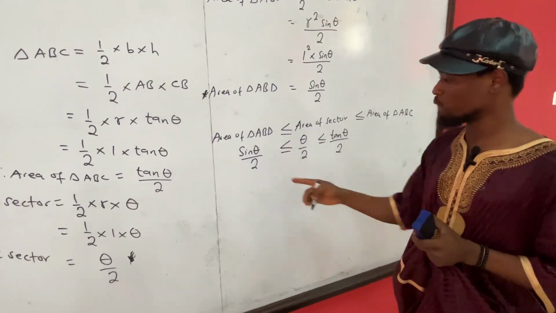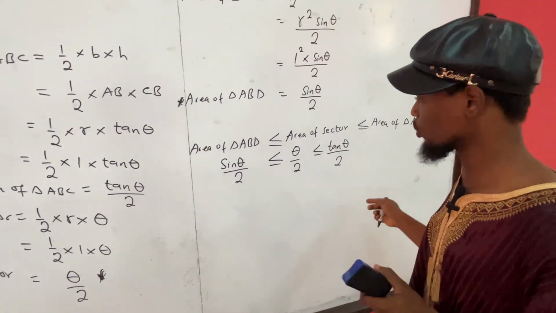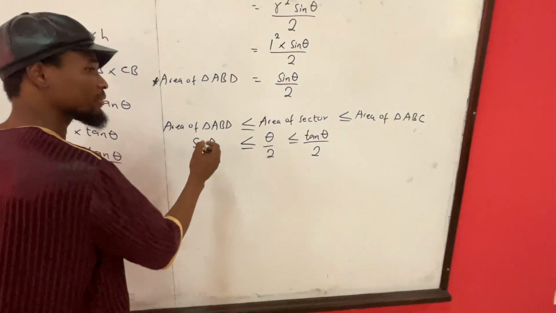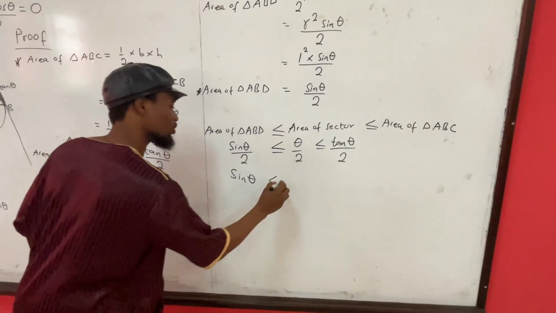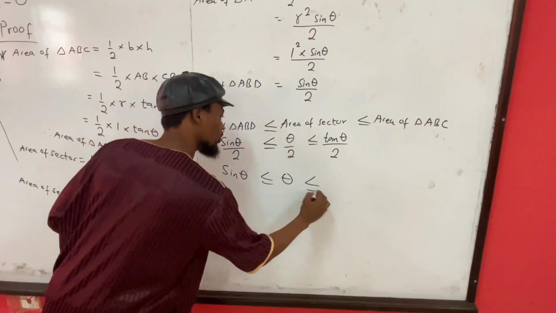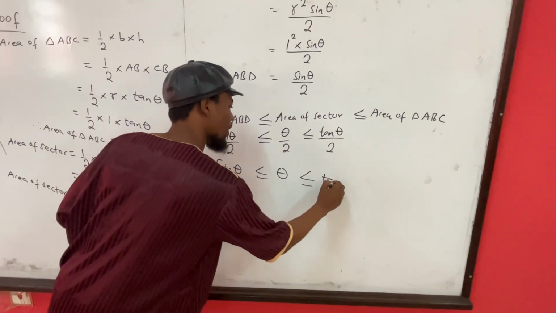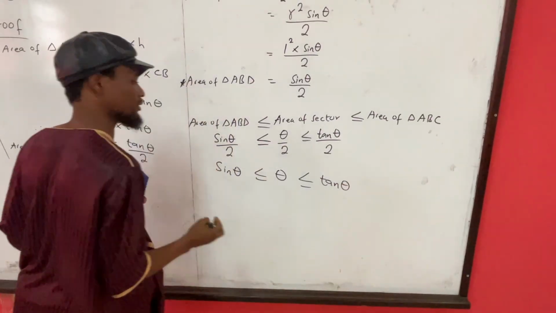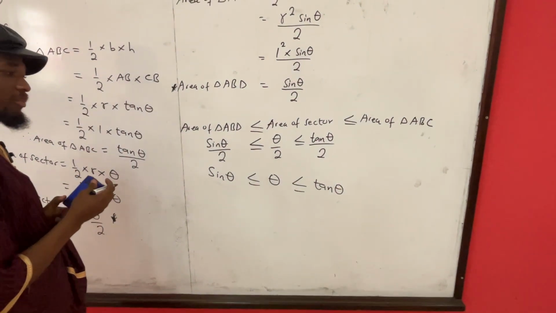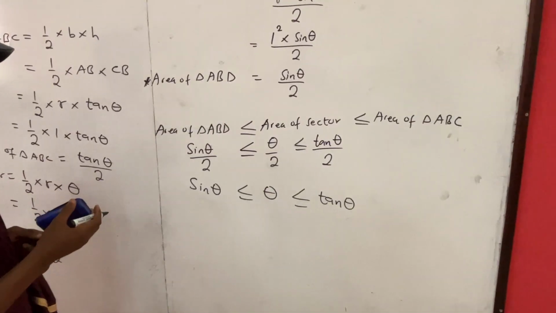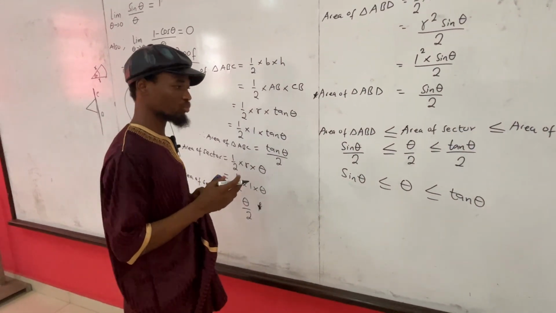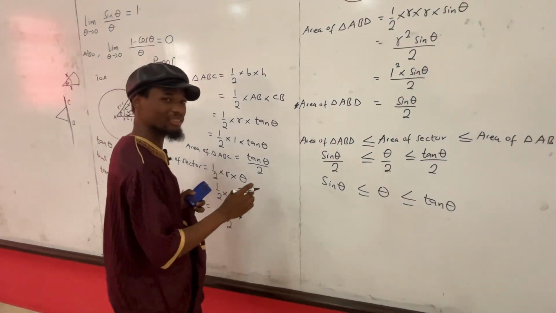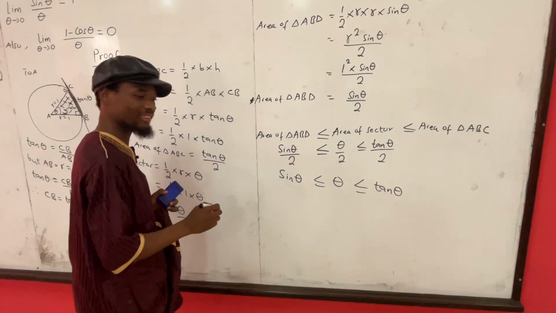Viewers, what is common? 2, right? 2 is common, so we cancel out. So this becomes sine theta less than or equal to theta less than or equal to tan theta. As simple as that. So viewers, what do we do now? Now we can divide through by sine theta.